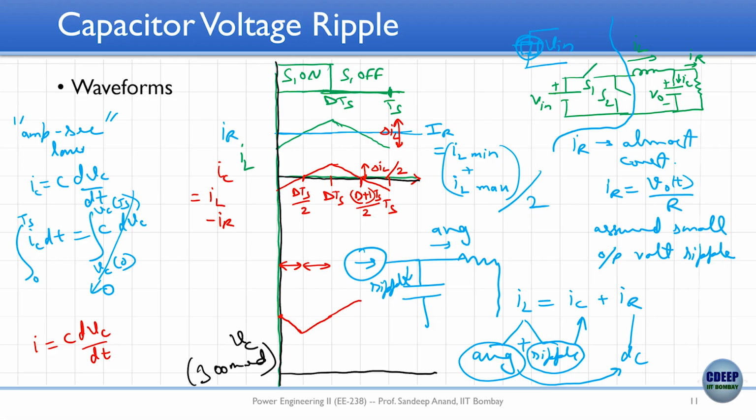The fourth period, what will be dV by dt? Negative. So it will further come down. That's roughly how the voltage waveform would look like. These are of course not straight lines, these are integral of straight lines. So they'll look a little bit different, but that's fine. But roughly this is how the ripple would look like. Is that part okay?